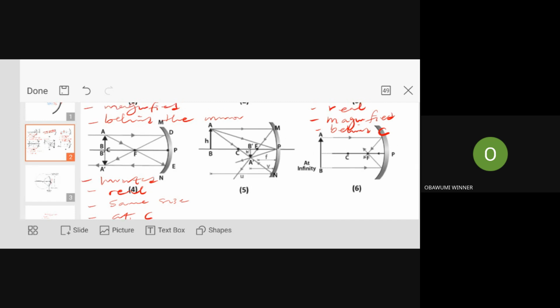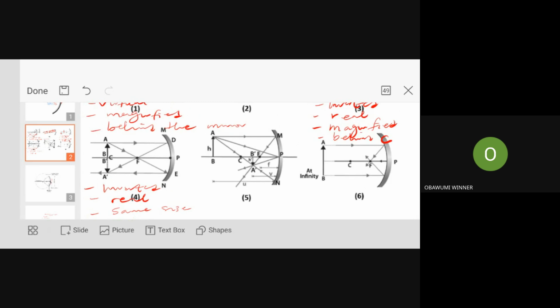Now, the fifth one, if the object is being kept behind the center of curvature. Look at the object here. If I keep the object afar, or behind the center of curvature, what becomes the nature of the image that will be formed? All right, so this is the object.